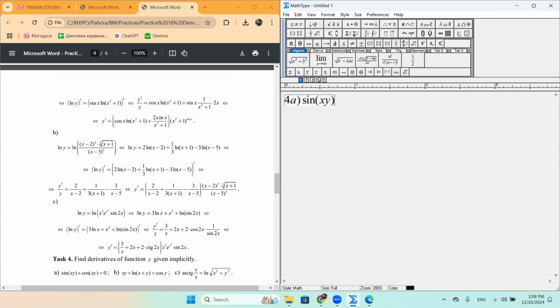We know that y is a function that depends on x, and that's just what we know. So who remembers how to find the derivative of the implicit function? Your ideas, suggestions, how to find it?